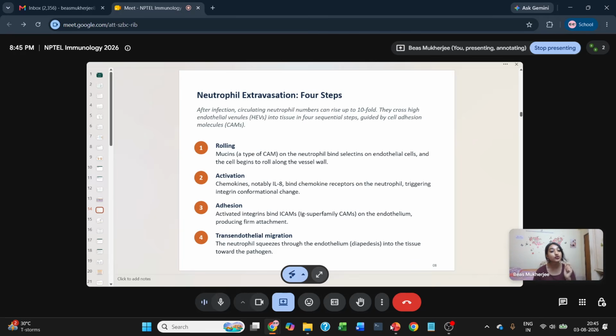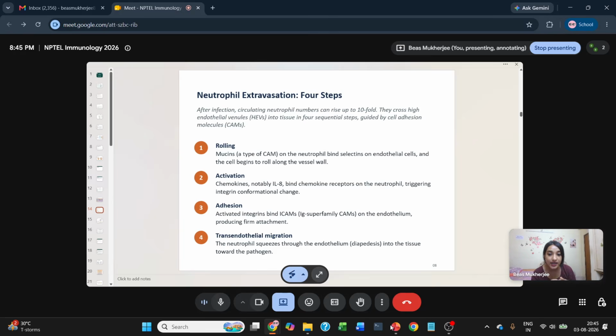So, the first step is rolling. What happens in rolling? There is a particular cell adhesion molecule called mucin on the surface of this neutrophil. So, this mucin is going to interact with another cell adhesion molecule called selectin, which is there on the surface of the endothelial cell. So these two are going to bind. Then what happens?